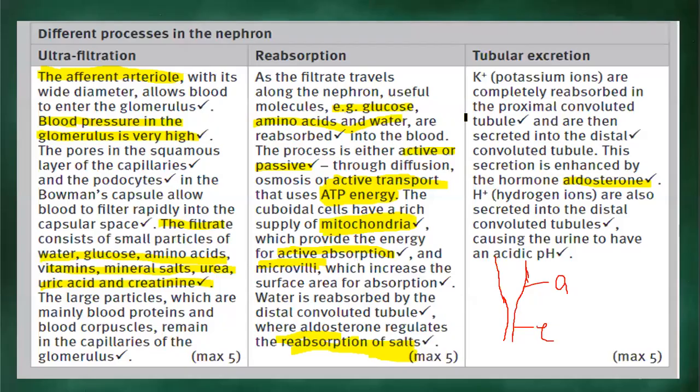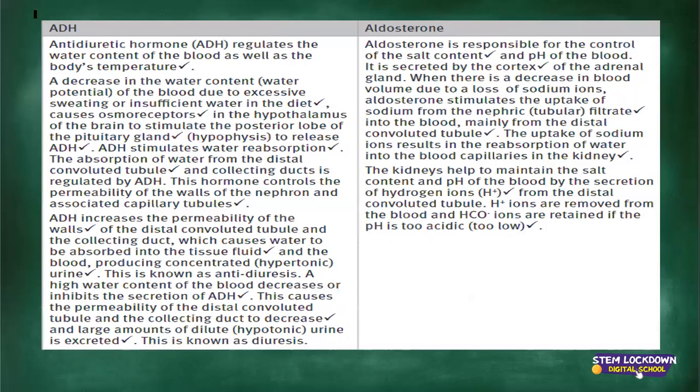The two hormones are ADH and aldosterone. Remember that. Please remember them, right? If you had forgotten them, remember them. ADH, first up, regulates the water content of the blood, as well as the body's temperature. Remember when Kuzwayo asked the question about fat as well, when we were discussing this part of ADH regulating the process of sweat.